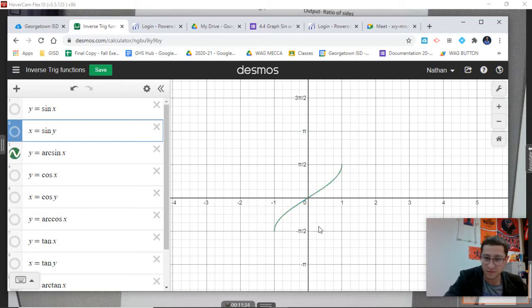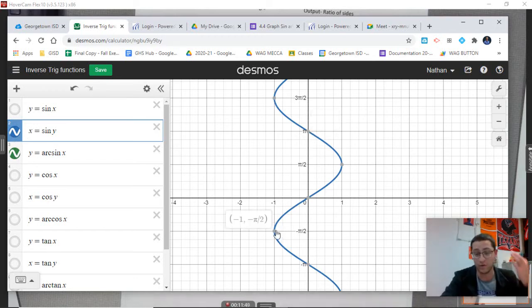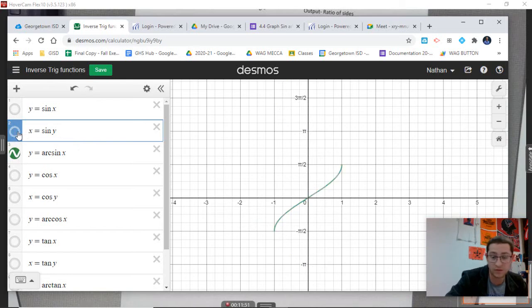Oh, no, I was right. Negative pi over 2 to pi over 2. And that helps us get rid of the vertical line problem, where we've got one output for every one input. So we restrict our domain, and now we should have no issues. That ends up being the graph of arc sine.